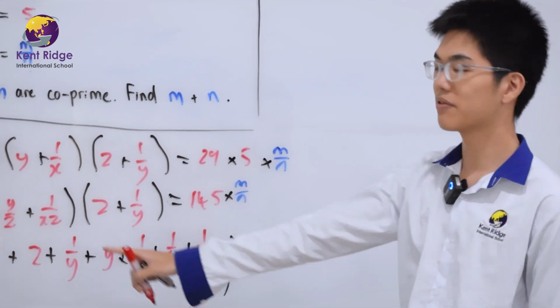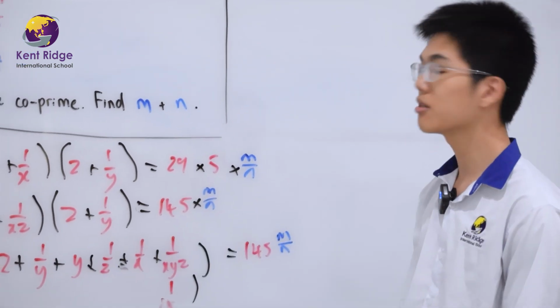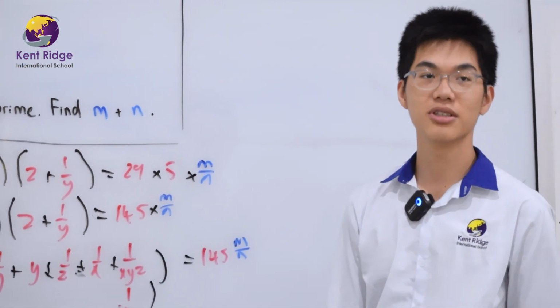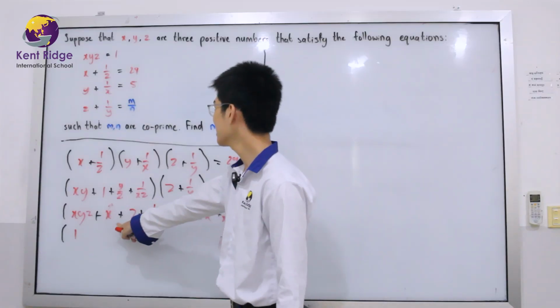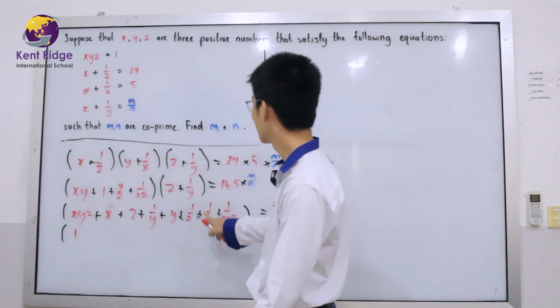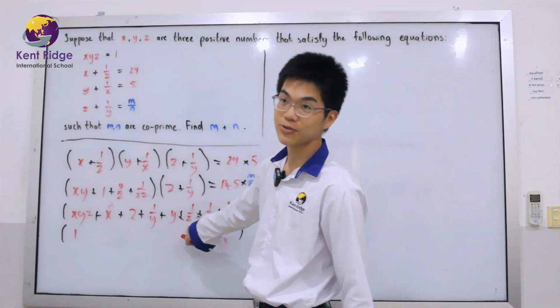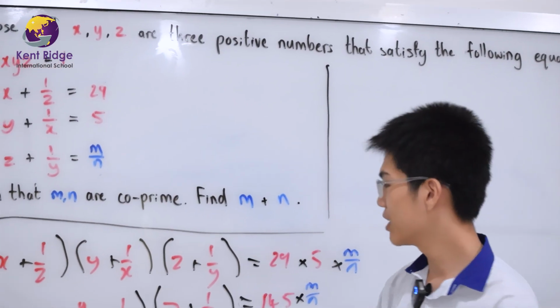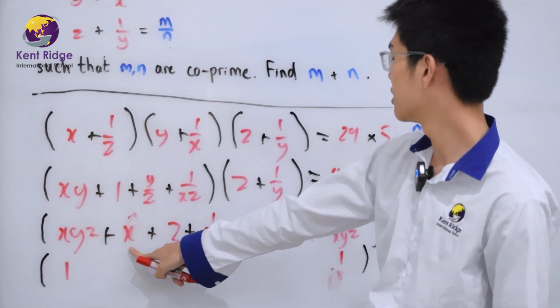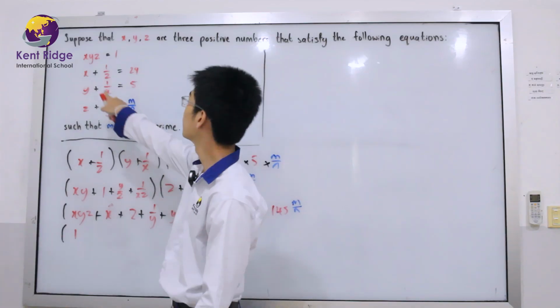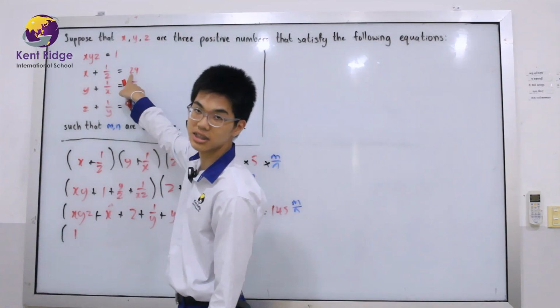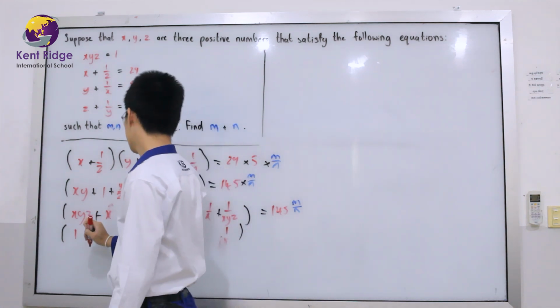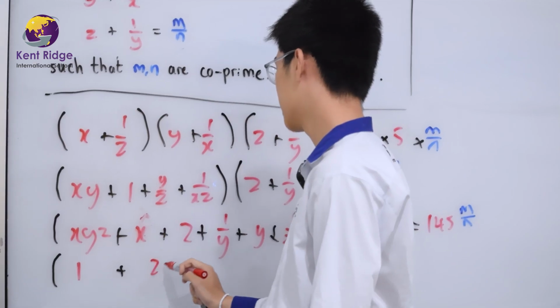Now we have a bunch of terms in between, and they look a little bit complicated, but if you notice, we have x here, y here, z here, and then 1 over x, 1 over y, 1 over z. This is just these three all added together. This is x plus 1 over z, and x plus 1 over z is equal to 29, so we write plus 29.